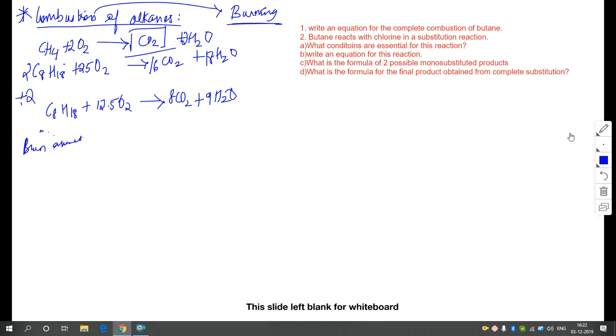These are the questions. This is for the conditions of the substitution reaction. Is it only UV light or is there anything else? Only UV light, that is it.